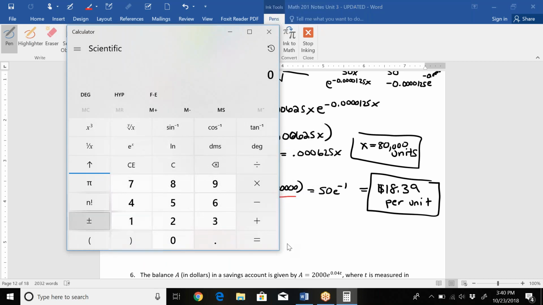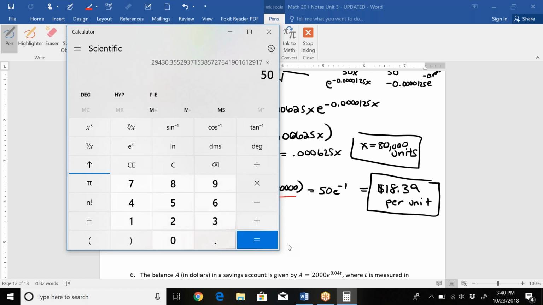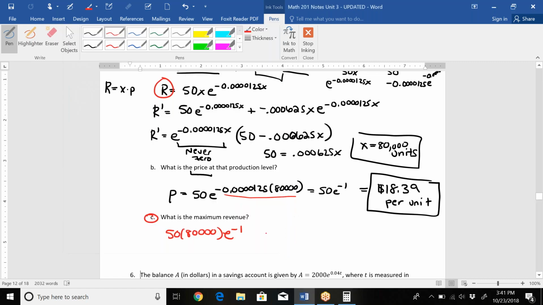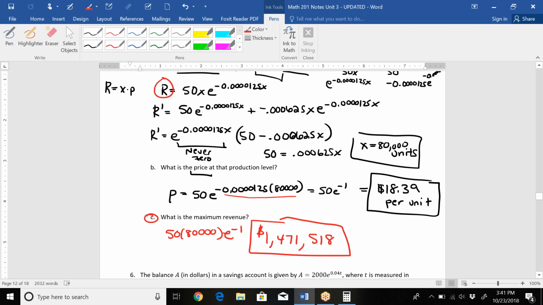So e to the negative 1 times the 80,000, times the 50 that was out front. So that's 1,471,518 if we round up. They could ask you to round to 2 decimal places. You just have to read the directions. I don't remember if this one did. They didn't specify, so I'm just going to round to the nearest dollar.